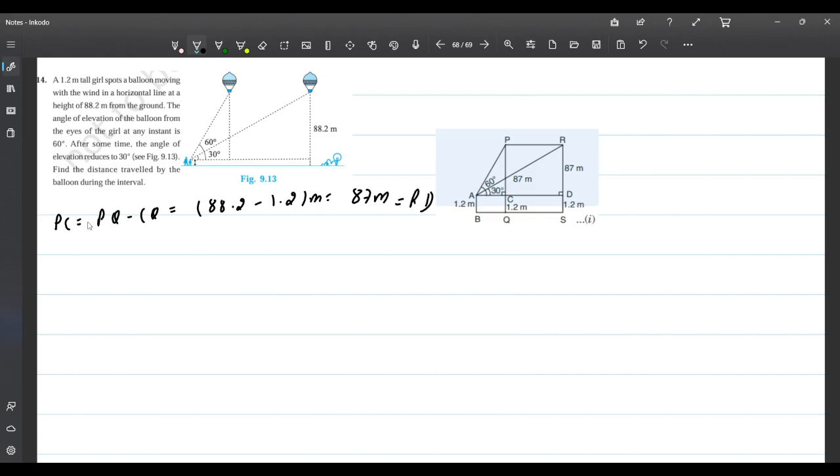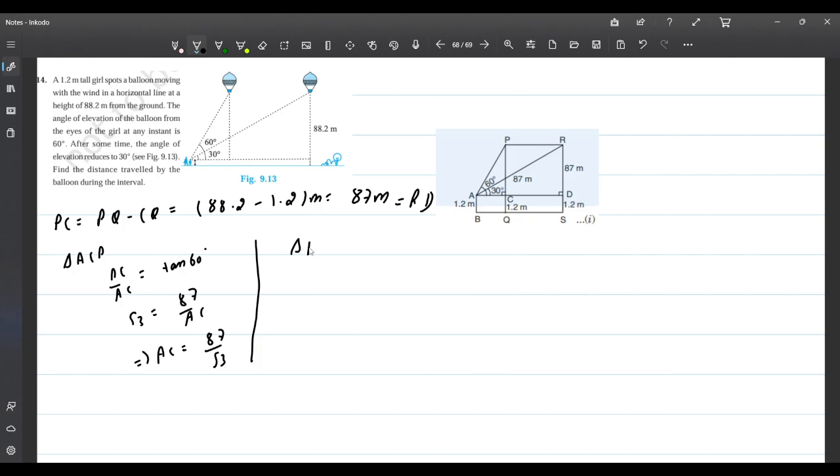RD. Now in right angle triangle ACP, PC upon AC is equal to tan 60 degree. So this is equal to root 3, 87 upon AC. So AC is equal to 87 upon root 3.